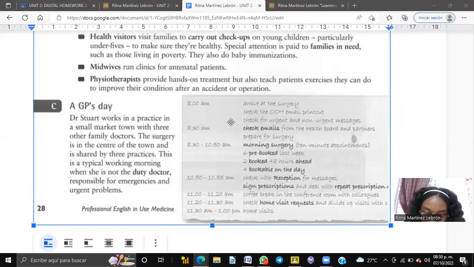De 11 a 11:20 de la mañana, descanso para tomar café en la sala de conferencias con colegas, verificar las solicitudes de visitas domiciliarias y dividir las visitas domiciliarias.